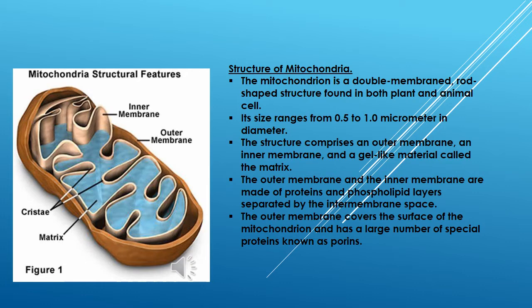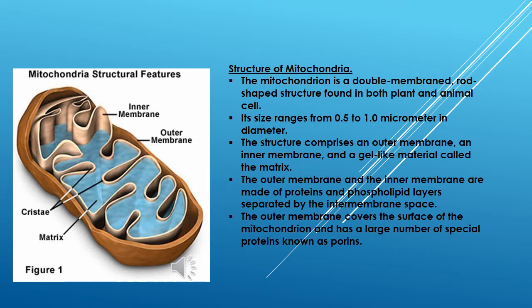You can look in this diagram, there are two layers: the outer membrane, which is dark brown or chocolatey in color, and the inner membrane, which is folded. This inner folded membrane is known as cristae. It increases the surface area of mitochondria.